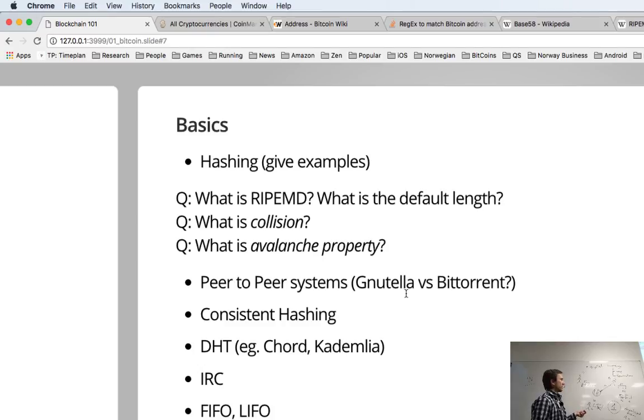So the other problem is that you cannot advertise that you have only half of the file in Gnutella. You have to have the entire file. You cannot say I have from half to the end, right? And that's basically what Bittorrent did. It said, well, the original system is great, but it's a little bit inefficient.